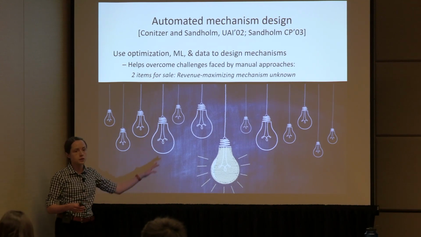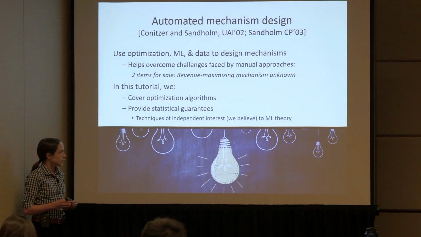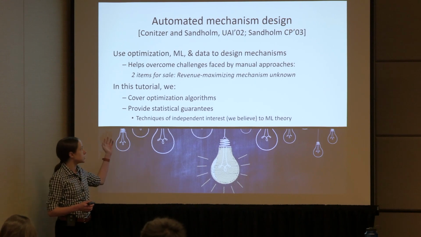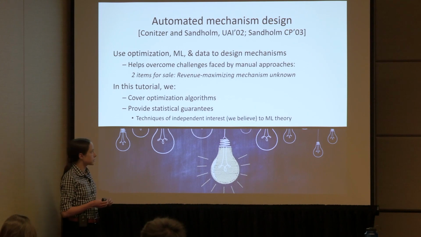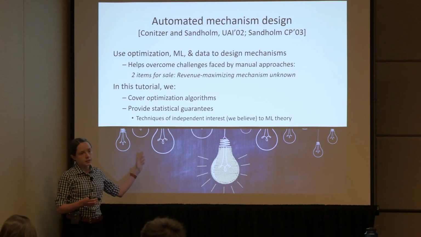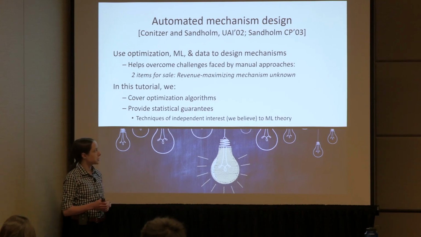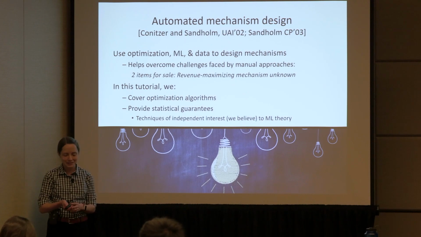So these more manual approaches have faced some serious roadblocks. In this tutorial, we're going to cover optimization algorithms and also prove some statistical guarantees for these optimization algorithms. We believe our techniques for proving these statistical guarantees, which we'll go into in depth, are of broader interest beyond mechanism design to machine learning theory more generally.